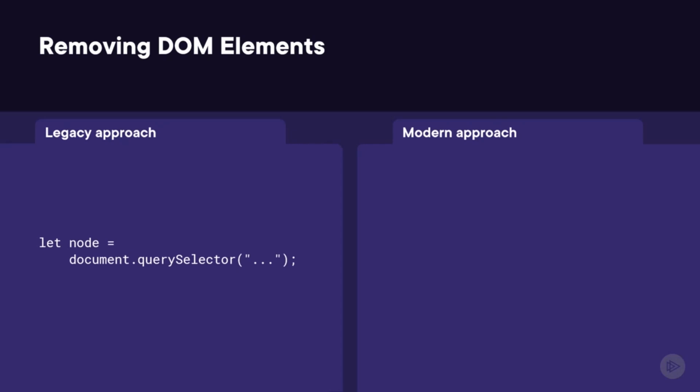And therefore, in order to remove a node, you have to access the parent node and then tell the parent node, okay, please, I'd like to remove one of your child nodes. That's the one here. So you had a call that looked like this. Of course, it's not super intuitive. If you think about the DOM structure and the dependencies there, I wouldn't say it makes a lot of sense, but it's understandable.